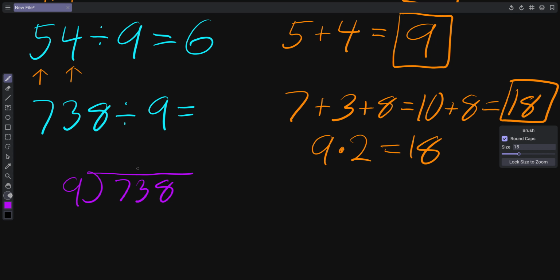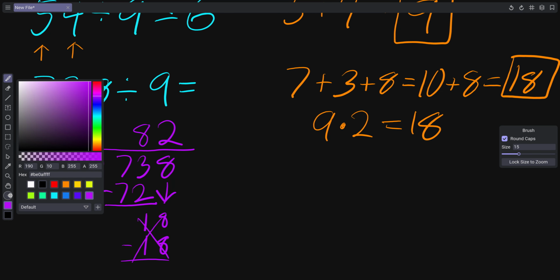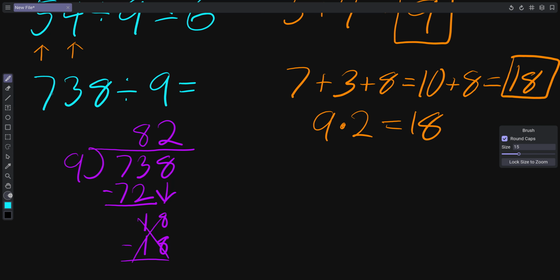It can go into 73 8 times, because 9 times 8 equals 72. When we subtract 72 from 73, that leaves us with 1. We drop down the 8. And then 9 can go into 18 twice. And then 2 times 9 equals 18. And then these are going to cancel. And we are left with 82 as our final answer.